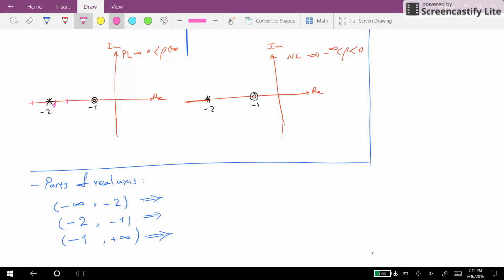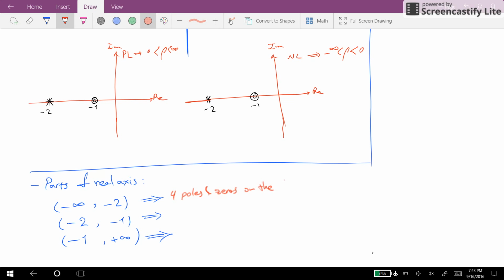If I take a point in this region, we have two zeros. And if I pick a point here, we have 0 poles and zeros. So in all cases, we have an even number of poles and zeros on the right hand side of the test point. So here we have 4 poles and zeros on the right hand side of the test point. In this case, we have 2 zeros only on the right hand side of the test point, and here we have zero poles and zeros on the right hand side.